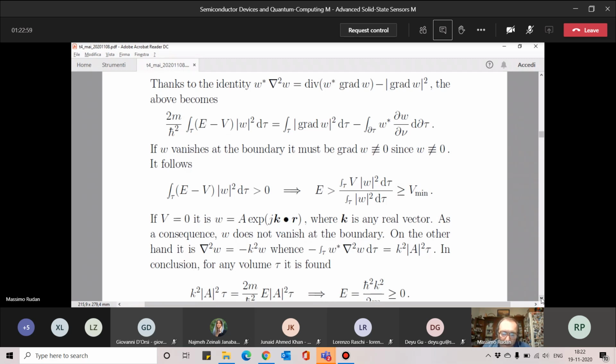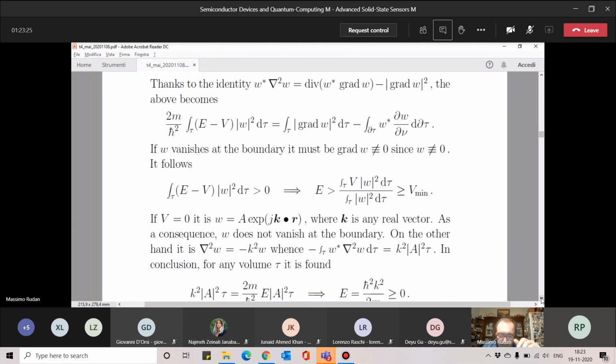So in this case, it may happen that E becomes equal to the minimum of the potential energy, but in any case, E cannot be smaller than the minimum, okay? So the situation in this case is identical to that of the classical case, okay?